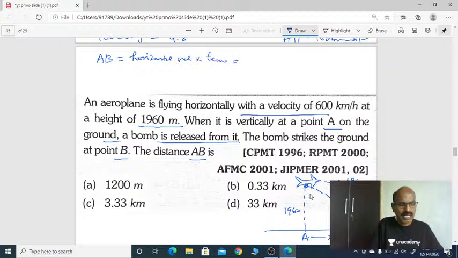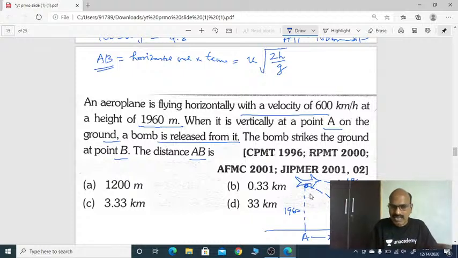Horizontal velocity, we know u, into the time taken to reach the ground, root of 2h by g. That's it. This is the horizontal distance, or horizontal displacement, that is velocity into time.